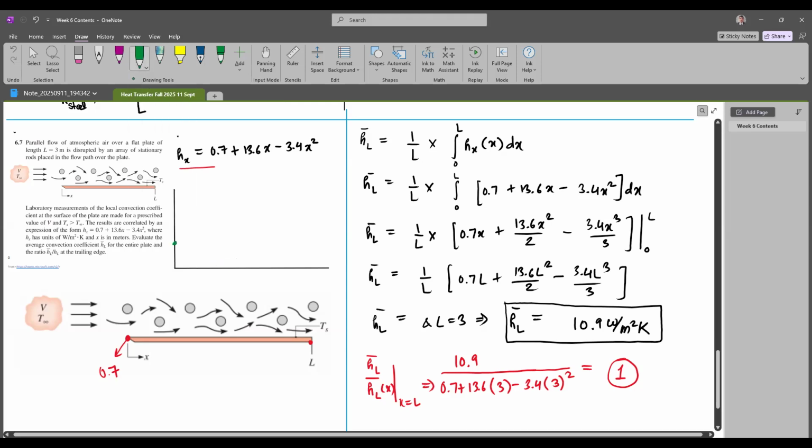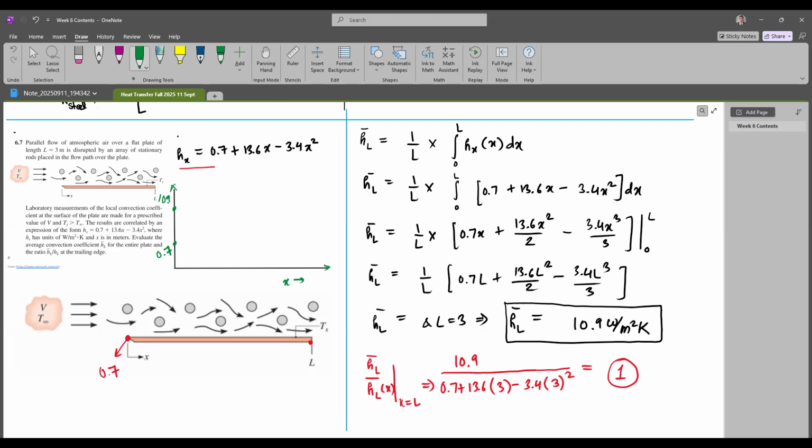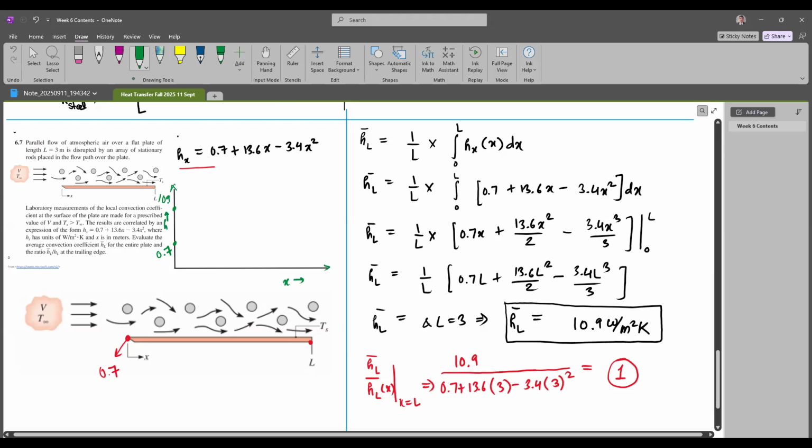So let's say this value is 0.7, and this value is, let's say, 10.9, and this is x, this is h.